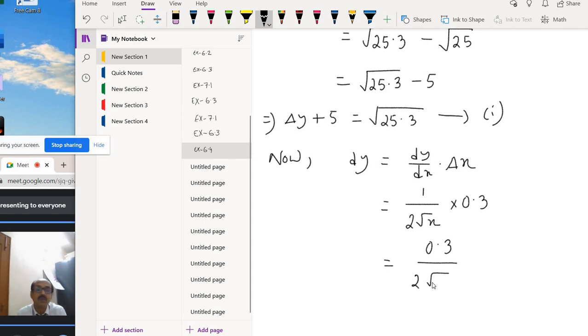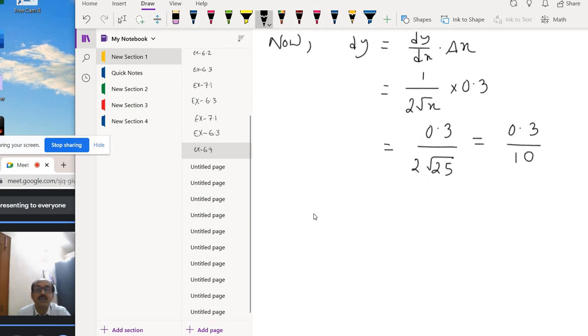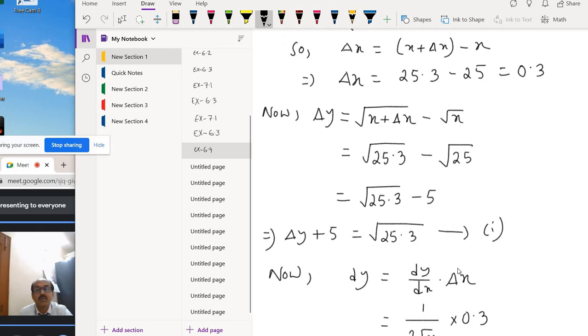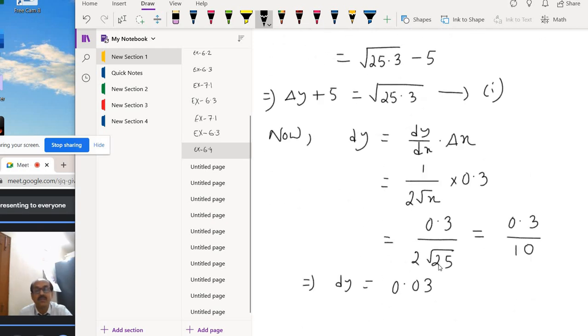Root 25 is 5, 5 into 2 is 10, so 0.3 by 10. So dy equal to 0.03.